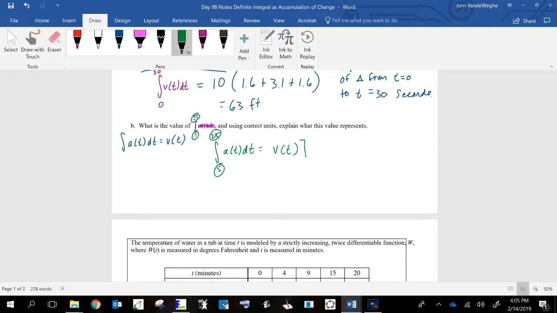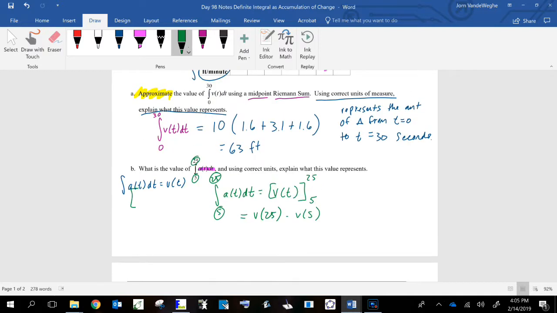Limits, we call them, limits of integration. So v of t gets evaluated from 5 to 25. Another way to write that is to take the top value, v of 25, and then subtract the bottom value evaluated in the velocity function, v of 25 minus v of 5.